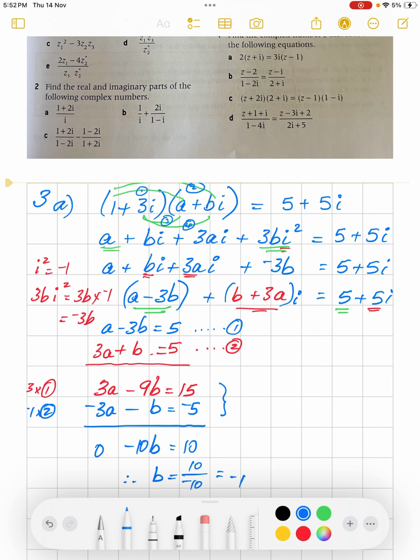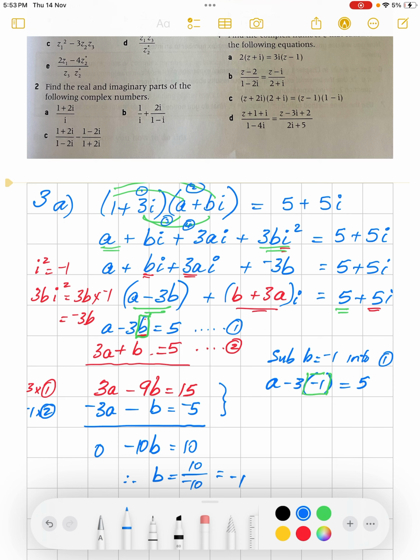Now if B is negative 1, we substitute B is negative 1 into any equation above, let's just put it into, say, equation 1. And we say A minus 3 times negative 1 equals 5. So we've just replaced this B here with negative 1.